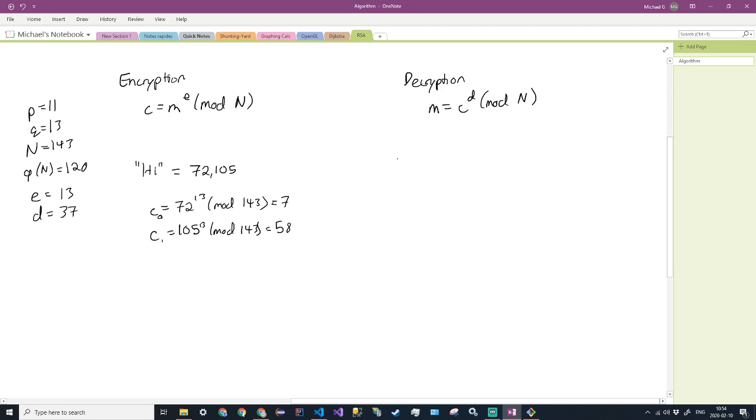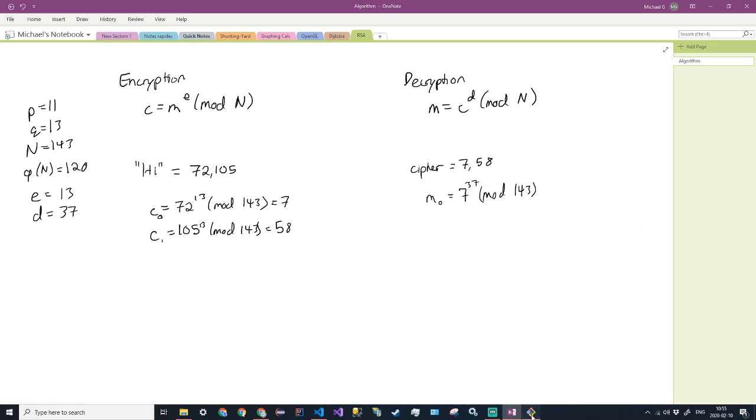All right, so now that we have the cipher equal to 7, 58, we now want to decrypt it. So the message at 0 is going to equal the cipher, 7 to the D, which is 37, so 7 to the 37 modulus 143.